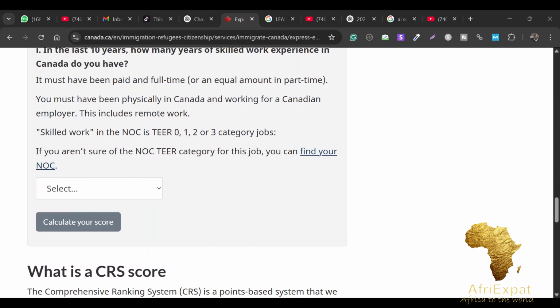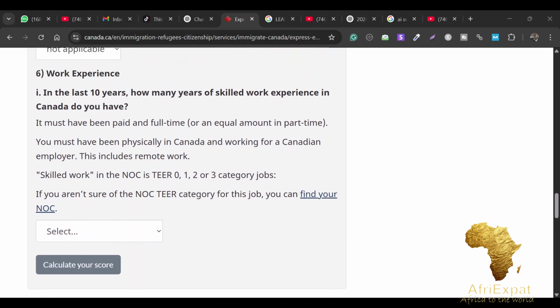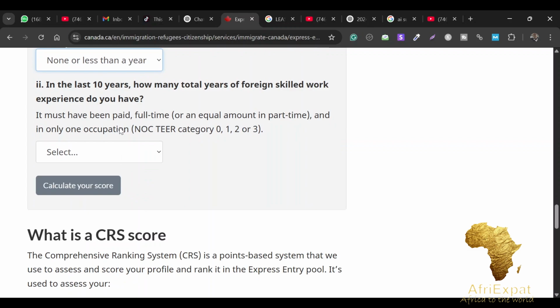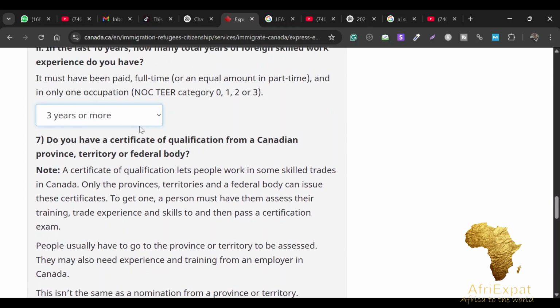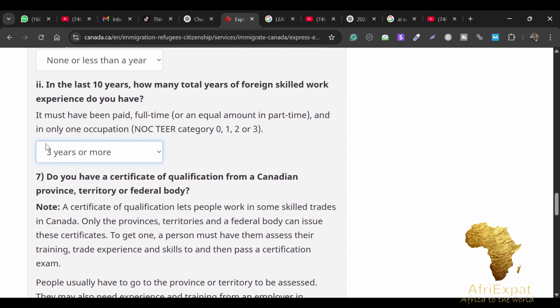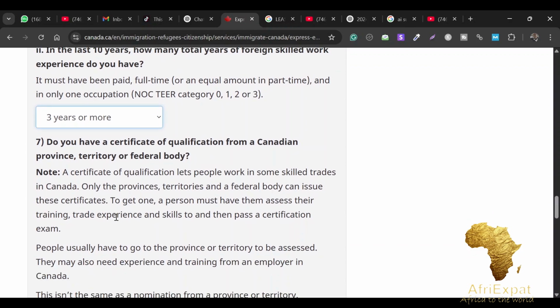The person has 5 years of work experience. Do they have any experience in Canada? No. Okay. So total foreign years of experience, 3 years or more. By the way, this individual has 5 years, but since we don't have a 5-year option, you can just choose 3 years or more.